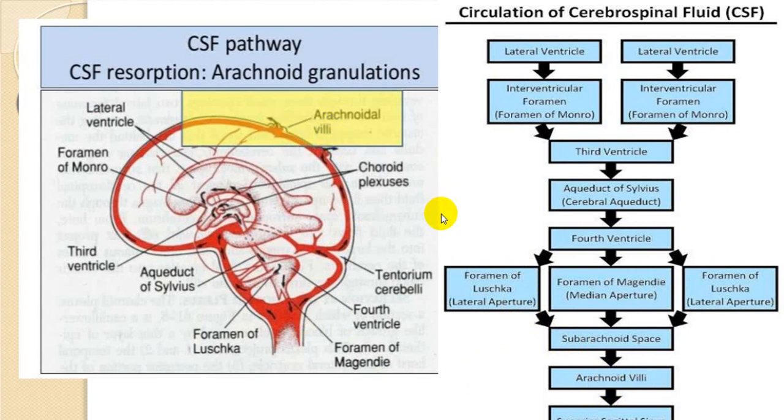So this will be very typical. Lateral opening we call the foramen of Luschka, central opening we call the foramen of Magendie, and the duct which connects is called the foramen of Monro. Foramen of Monro, and this is the aqueduct of Sylvius.